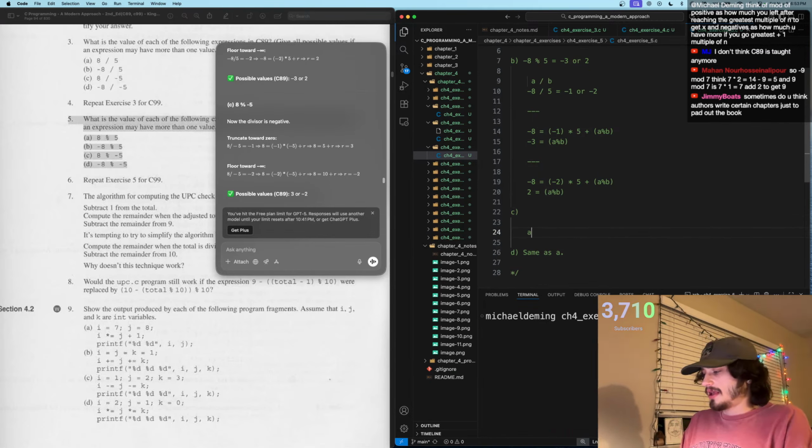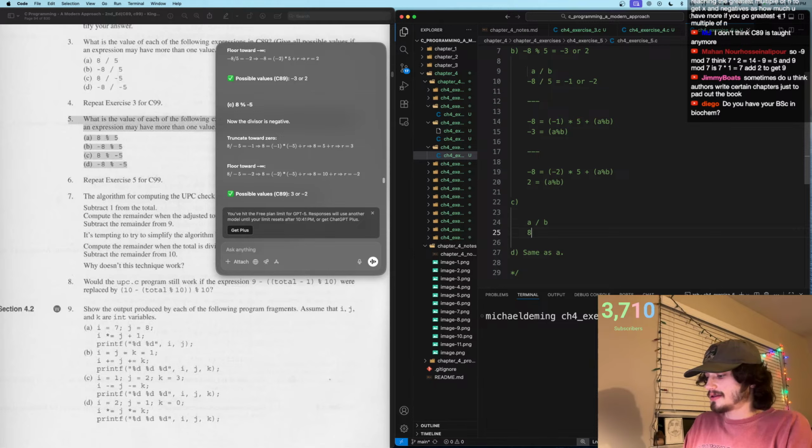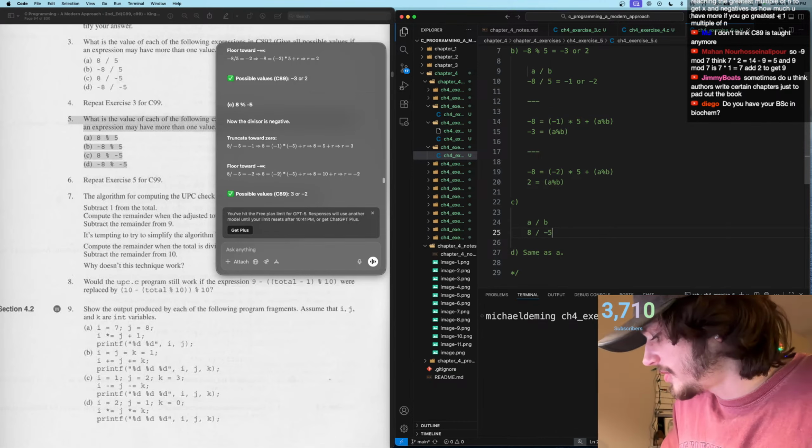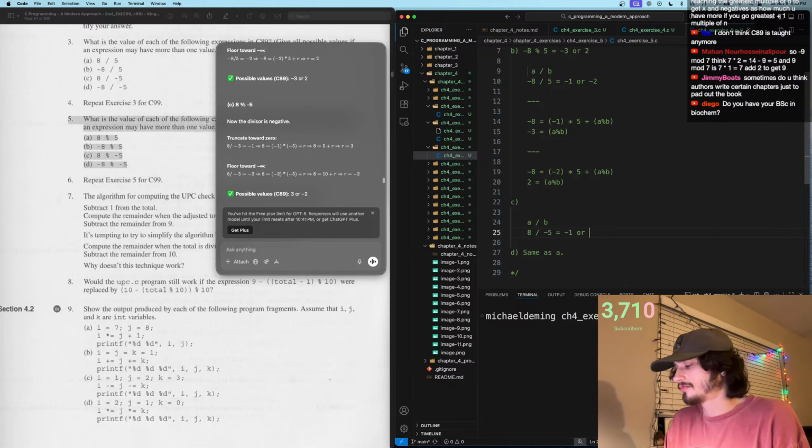So it'd be A divided by B, right? And A is 8 divided by -5, right? This would give you an answer of either -1 or -2.